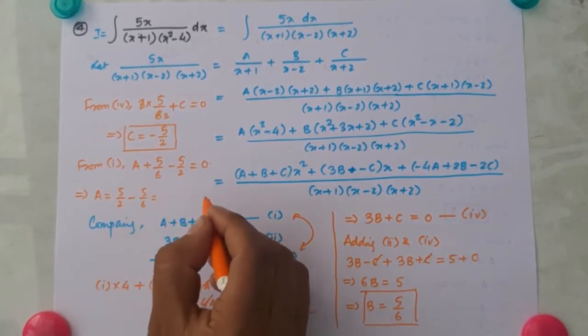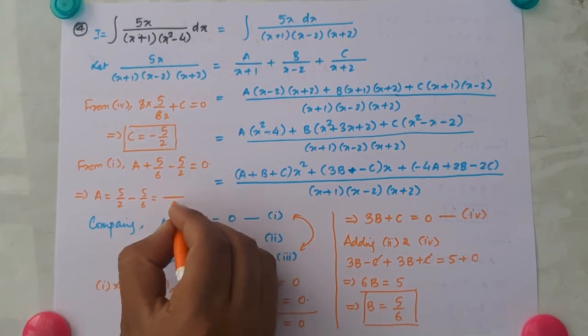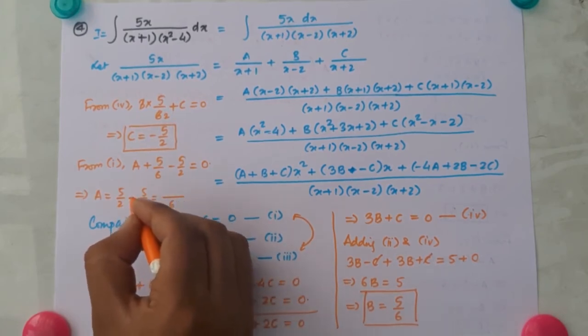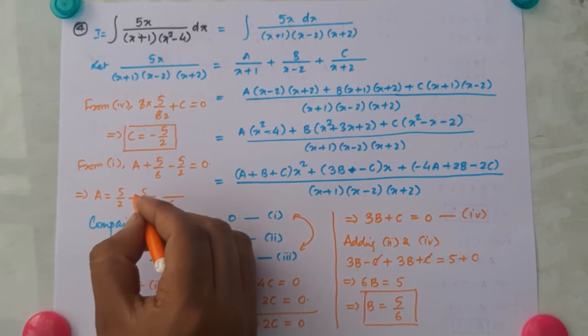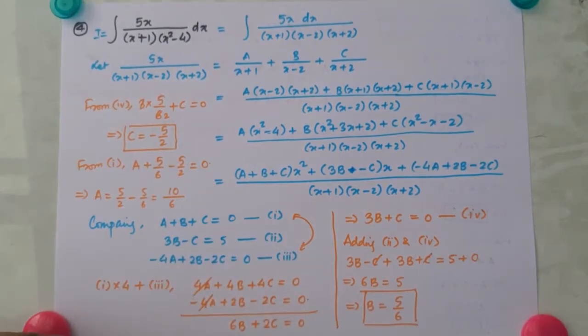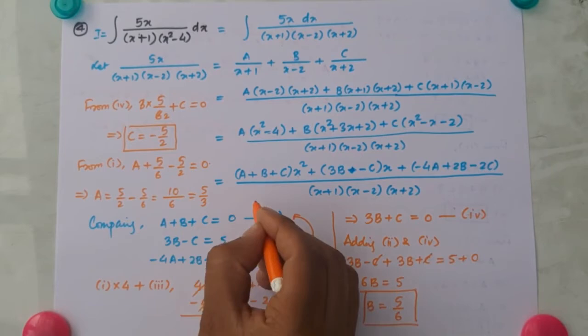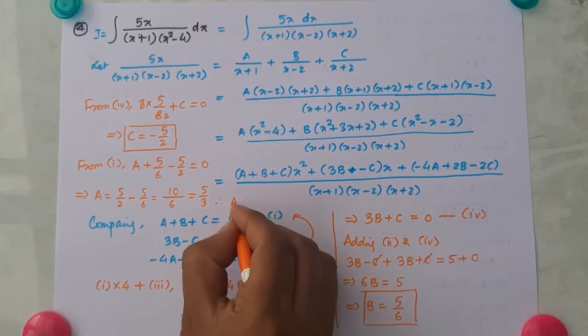So the LCM is going to be 6, so this is going to be 10/6, which is 5/3. Okay, so we got the value of a also, which is 5/3.